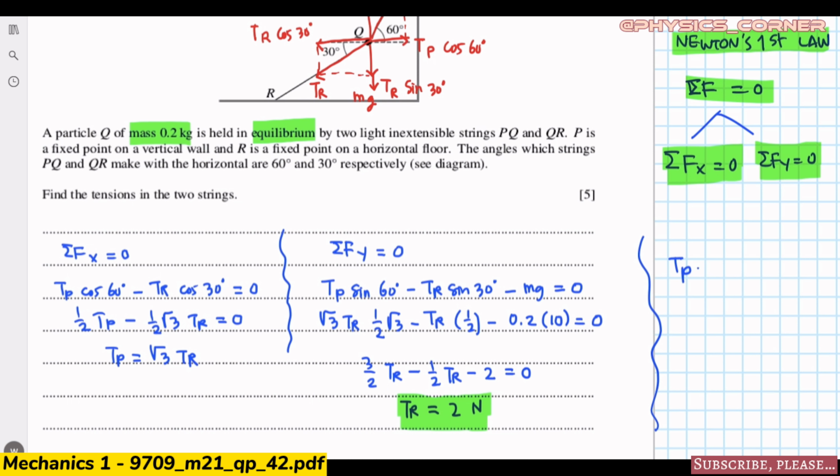TR is 2, so root 3 times 2 is about 3.46 Newtons. That's it. Okay, done.